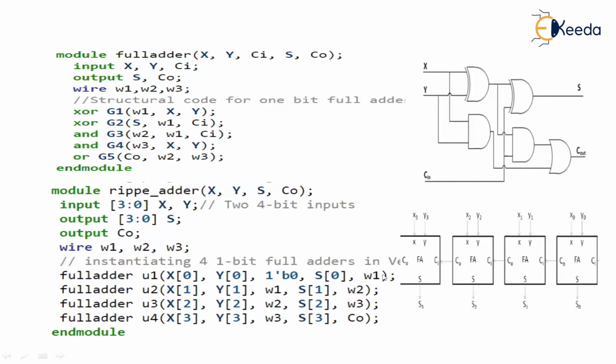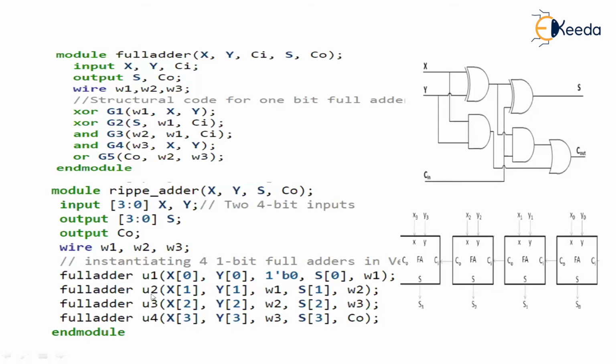Whenever I execute this program and it comes across this line, it searches for the module named full adder and passes the data: X of 0, Y of 0, S of 0 and W1. That program is executed, returns the data, and comes back.